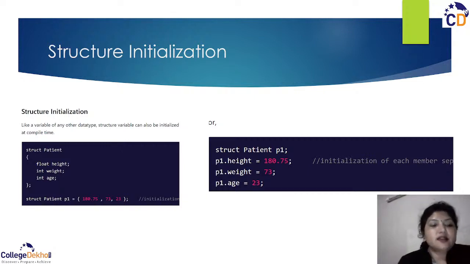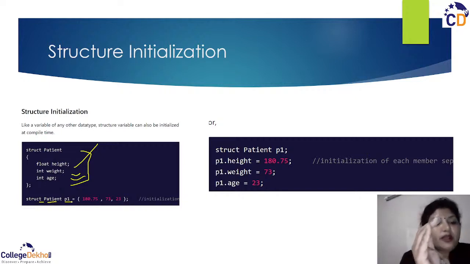How to initialize that? You have defined a structure that is patient, and these are member variable 1, member variable 2, and member variable 3. Now after that you have defined the structure patient and a variable, right? Now this variable would be holding the values under height, weight, and age, right? So how to write it down?